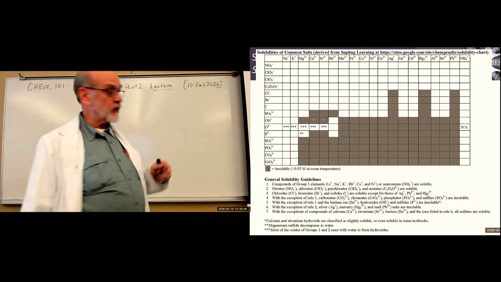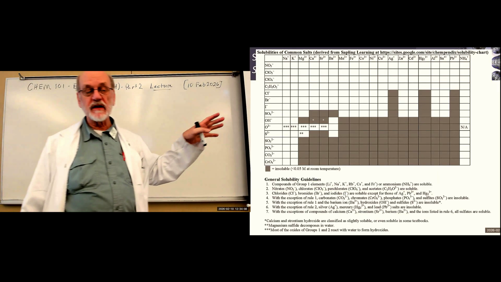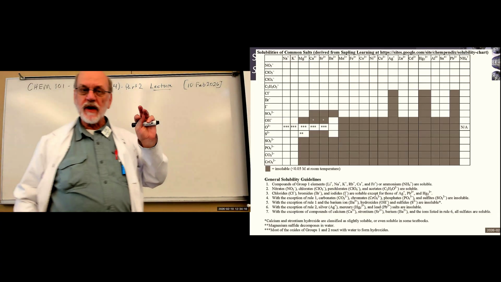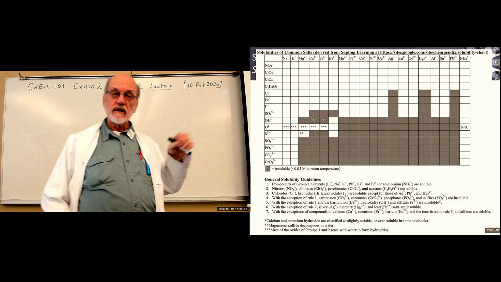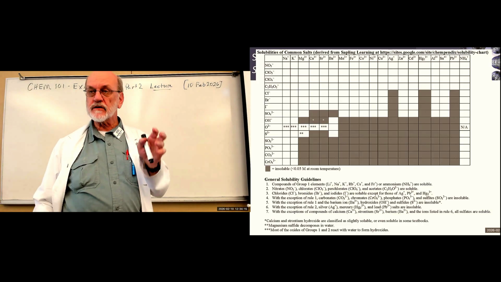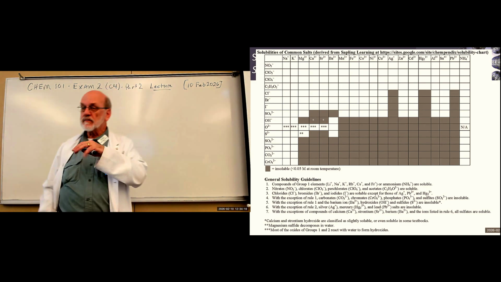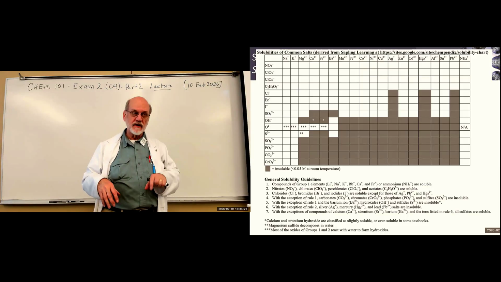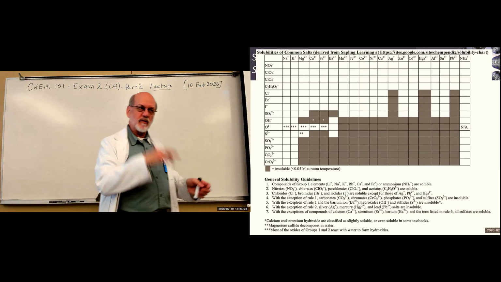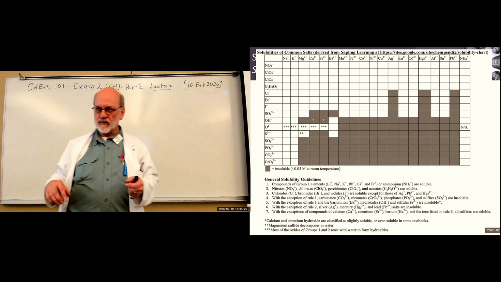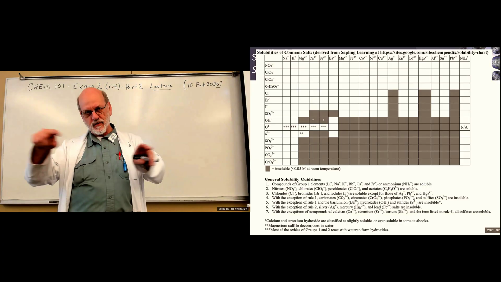And there's that chart I mentioned. This is the solubility chart. When you interact a cation with an anion, you can tell if it's likely to be soluble or insoluble. And for now, we're going to speak in terms of absolutes. It's either soluble or it's not soluble. And in the second semester, we find out there's kind of a gray area in there.